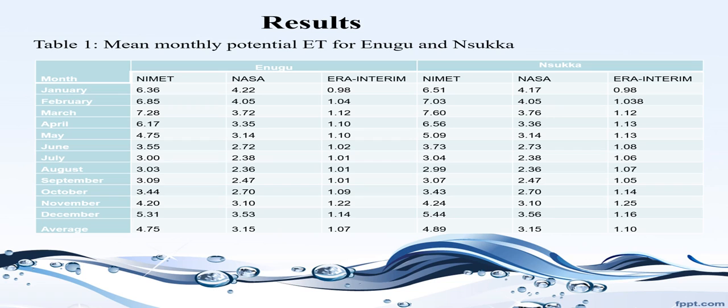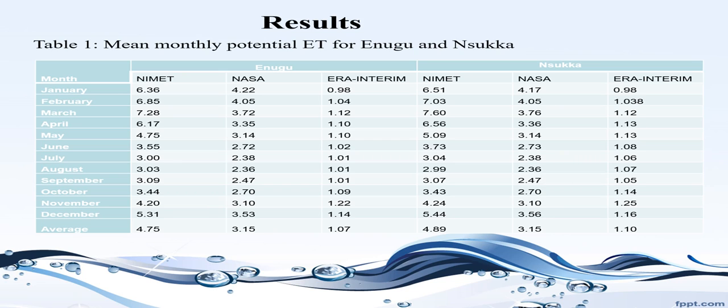Results: we obtained daily and monthly potential ET for Enugu and Nsukka stations. Now looking at the table, we have the mean monthly potential ET for Enugu State with the three data sources we used: NIMET, NASA, and the ERA interim.